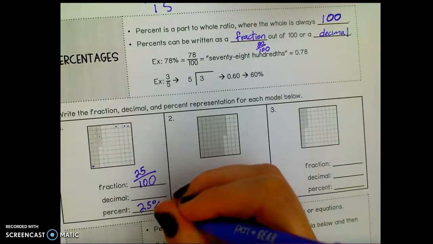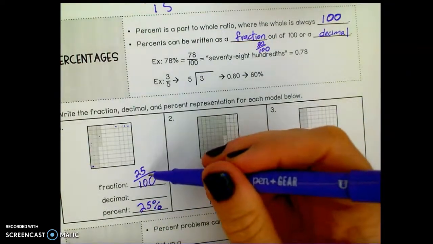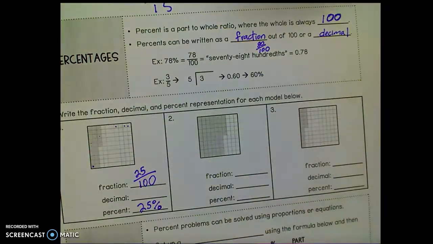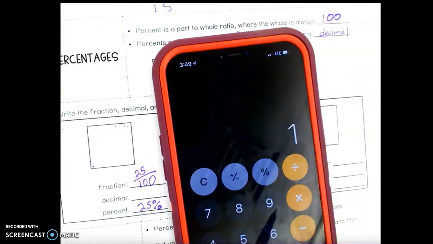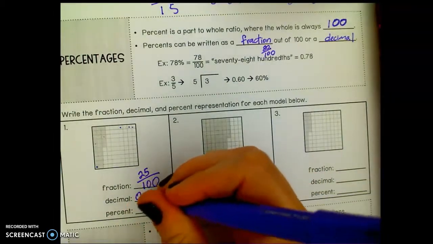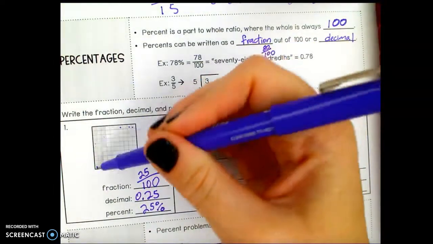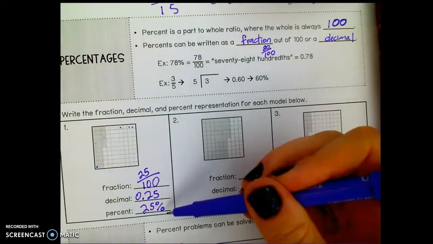And if I took 25 divided by 100, that would give me my decimal answer, 0.25. It works. All right. There. We have expressed the shaded area as a fraction, a decimal, and a percent.